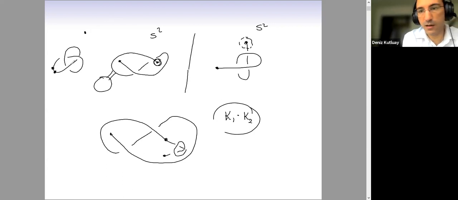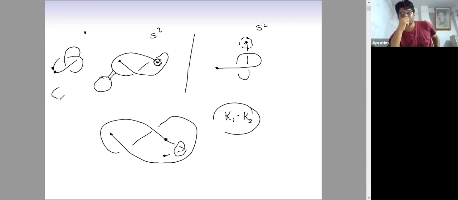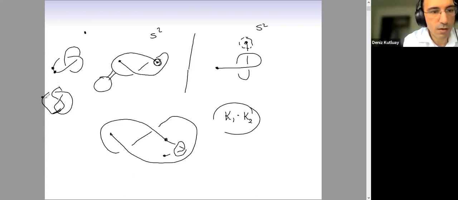Now, if you have another knot, and you take another small arc, if you connect these two ends, what you will get is the connected sum.